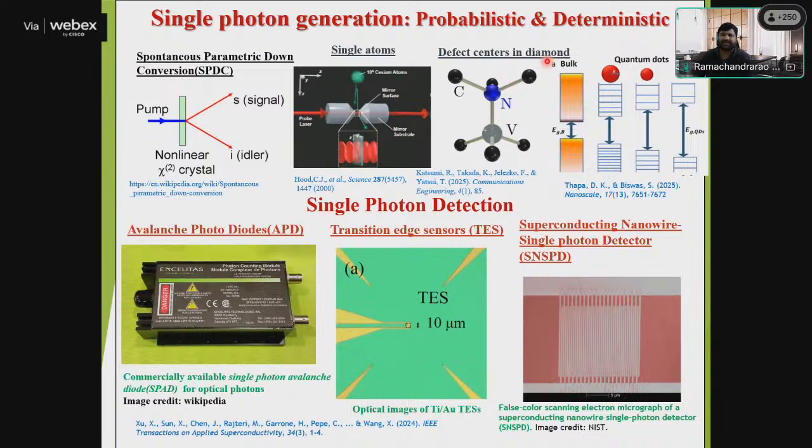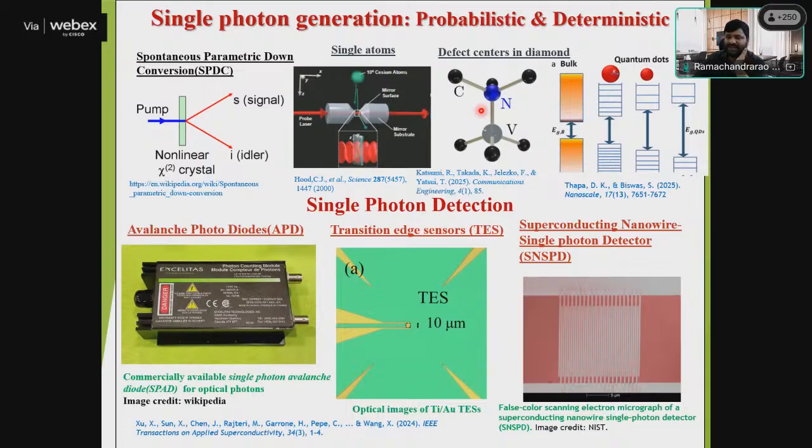Unfortunately, people found that if you use defects in nanodiamond or diamond as a single photon source, the efficiency is very poor because of the crystal structure, and it is leaking to other channels, non-radiative decay. But there is a way that you can get single photons out of the vacancy centers in nanodiamond.